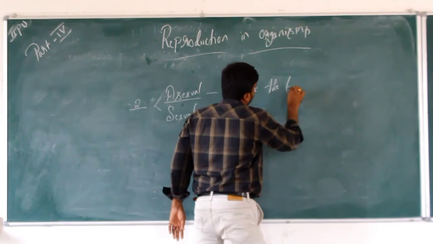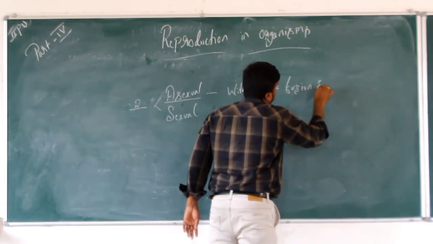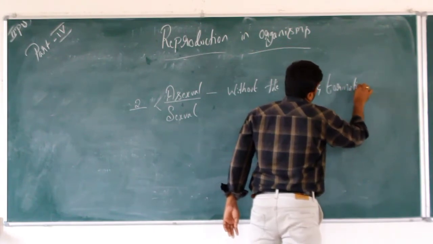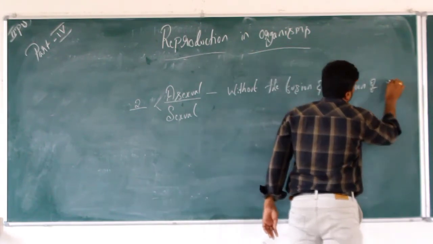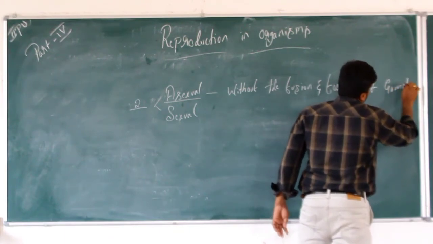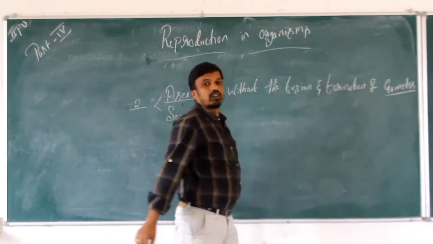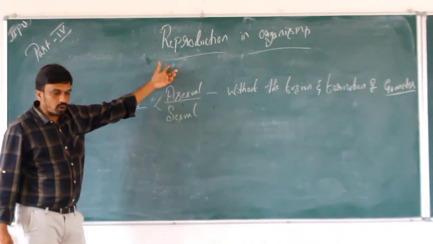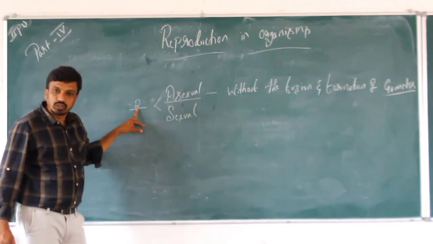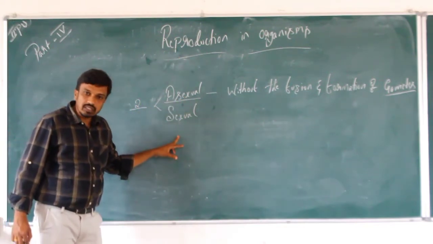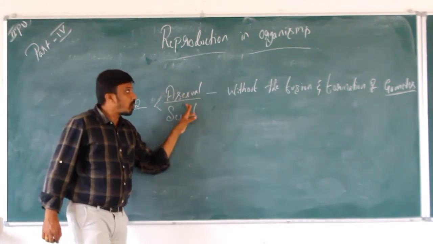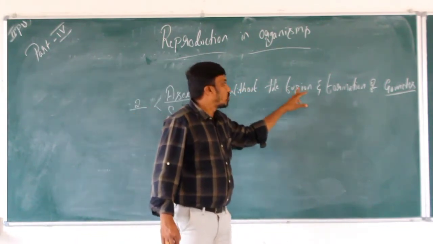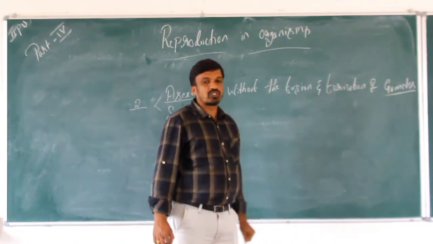Understood? Reproduction is the production of young ones of its own kind. Reproduction is of two types, asexual and sexual. Asexual reproduction is a type in which the young ones are produced without the fusion and formation of gametes.